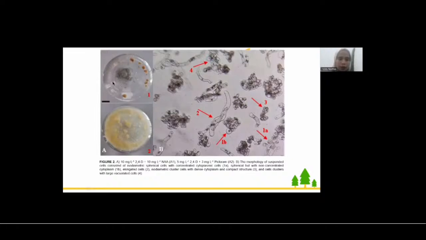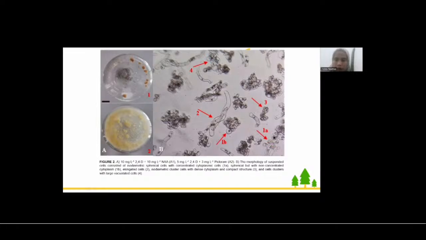This is the figure of 2,4-D and NAA, and this one is the 2,4-D and picloram. You can see the callus proliferation. This is the morphology of cells in suspension callus.